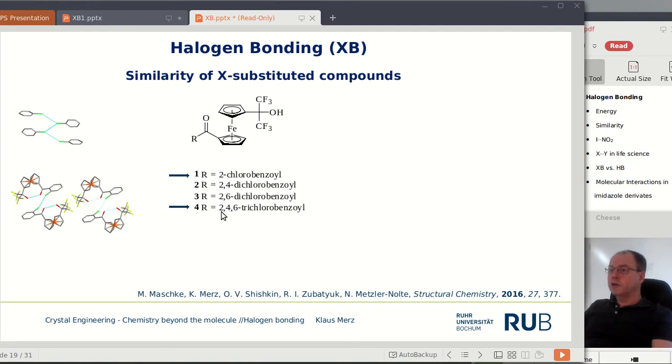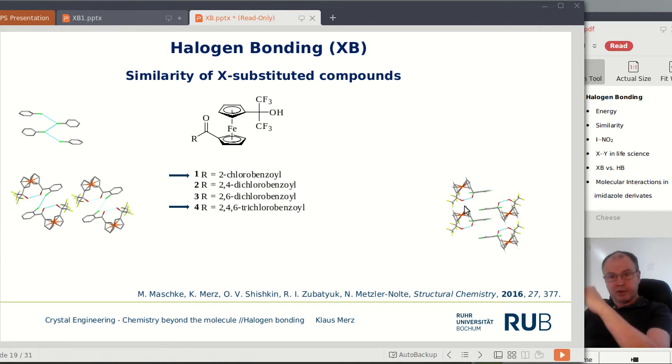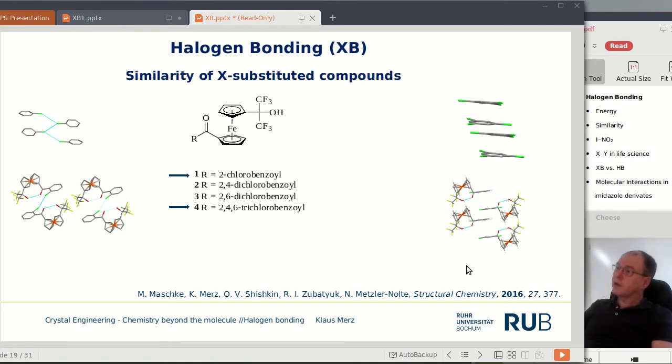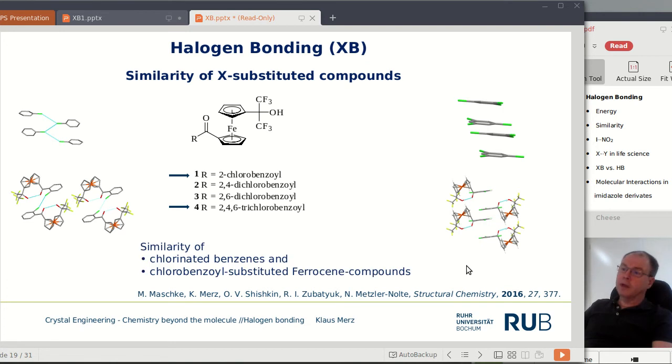Or if you look at the trichloro substituted benzoyl ferrocenyl compound, once again you see the molecular arrangement of the layered structure, pi-pi interaction, and exactly the same in trichlorobenzene. So with similarity principles, you will see this very often in the case of halogenated compounds.